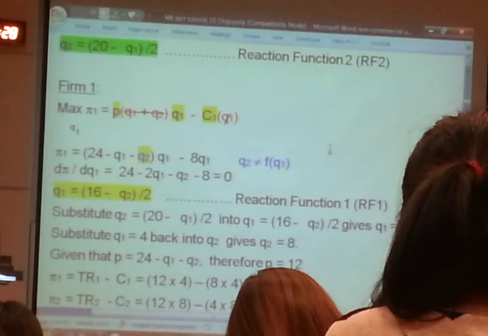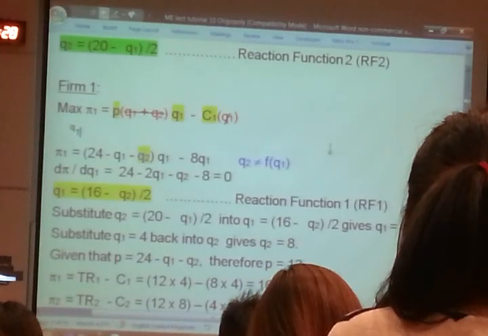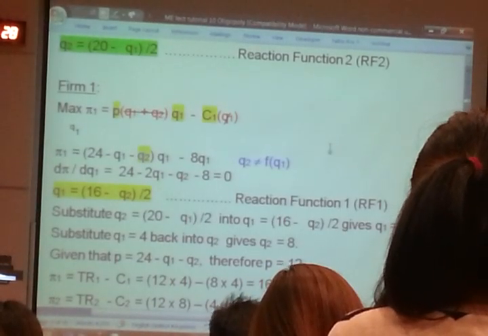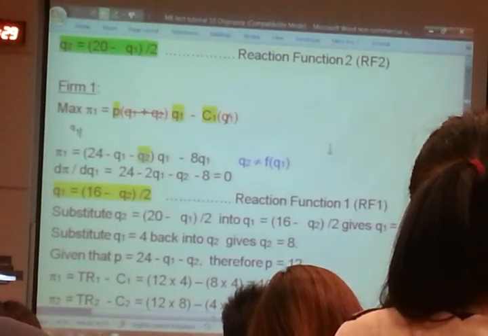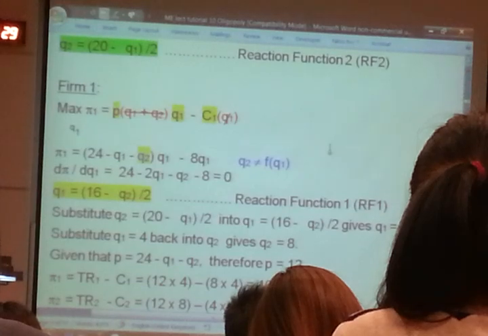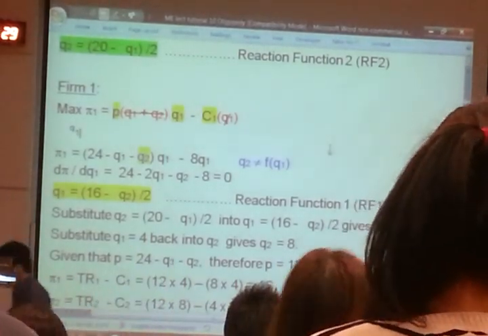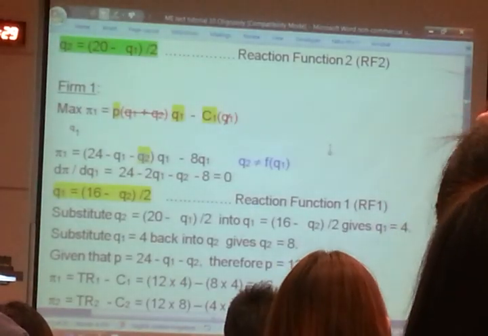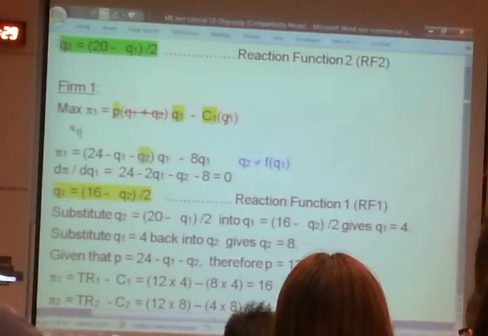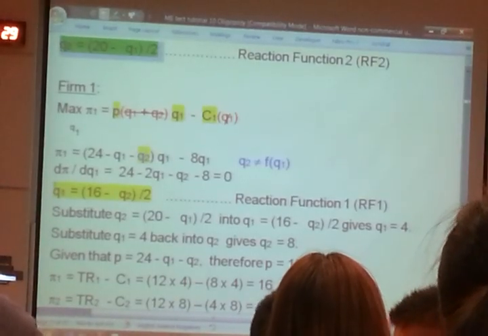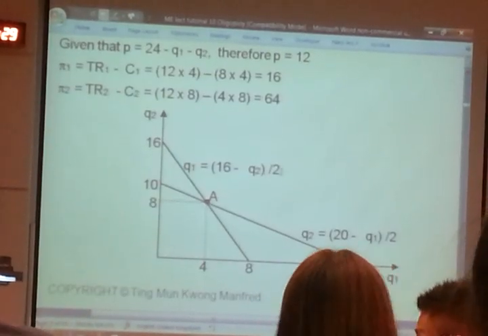So that's the Nash equilibrium. What's the Cournot Nash equilibrium? Where is it? To find the Nash equilibrium, let's draw equation 2 and equation 1 here.